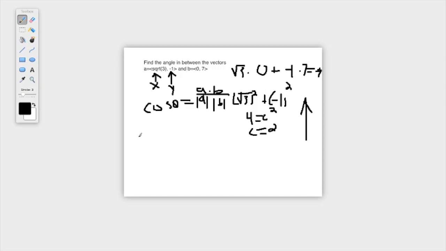So we get cosine of theta equals negative 7 over 2 times 7, or you can cancel these out, and cosine theta equals negative 1/2. Then you take the inverse cosine of that, the inverse cosine of negative 1/2.